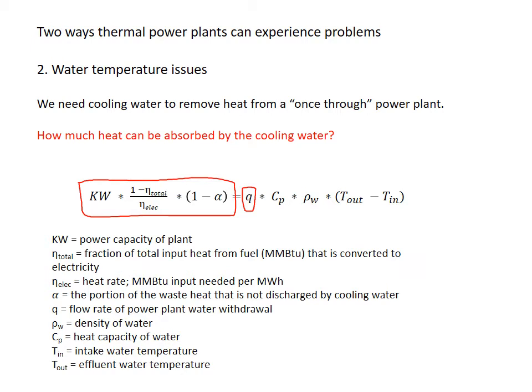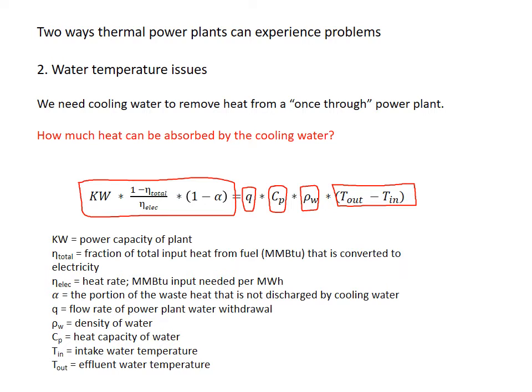And so it's a function of how much water we're going to pass through the heat exchanger at a given time. It also depends on the heat capacity of the water, so the ability of water to store heat, and also the density of the water, and then also the differences in the temperature between the water that we're taking in and the water that we're going to discharge, right?